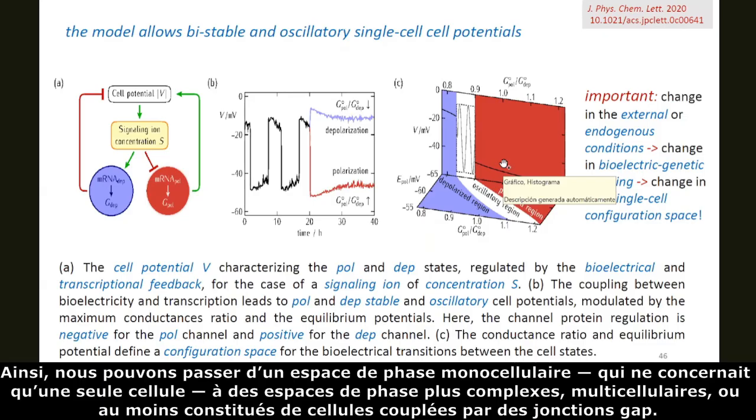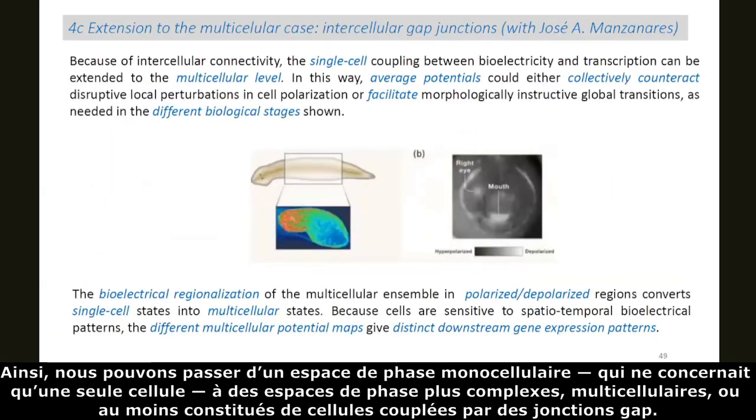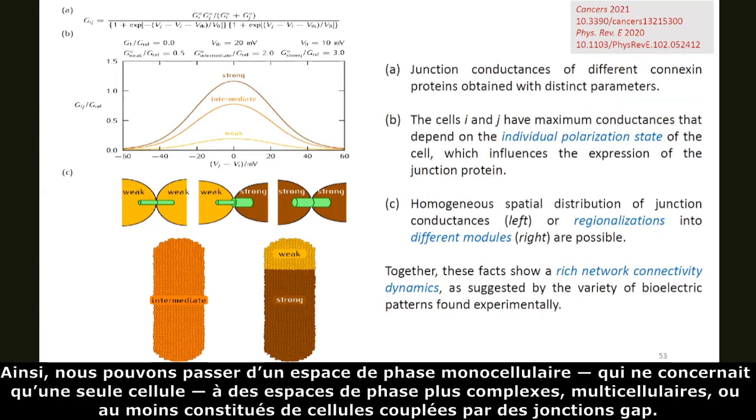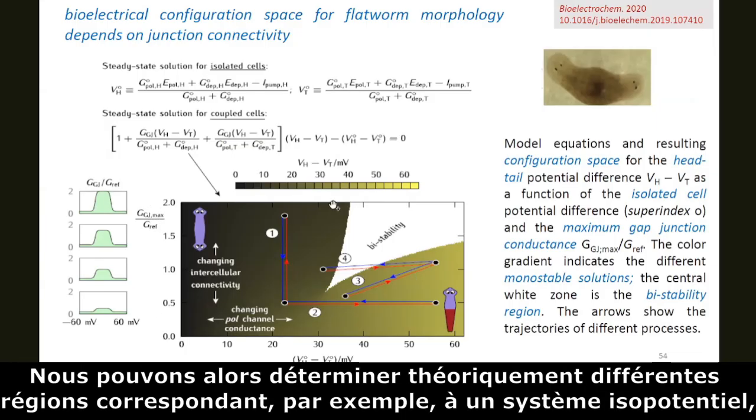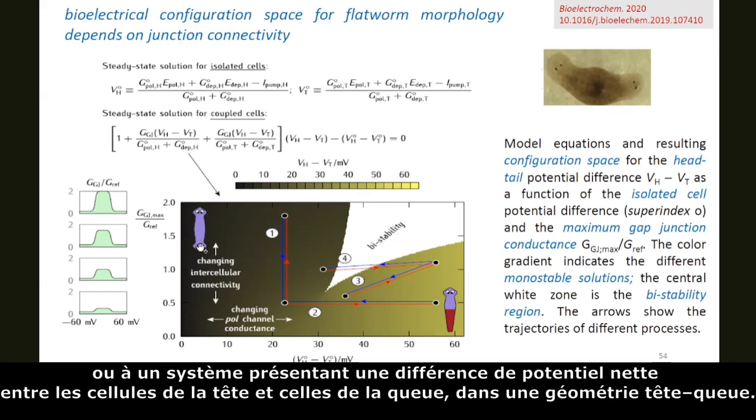We can move to more complicated, multicellular systems, or at least a couple of cells connected by gap junctions, and we can try to design or obtain theoretically different regions, explaining an isopotential system, or, for instance, a two-headed system, a system which has a clear potential difference between cells in the head and cells in the tail, in this case, head-tail geometry.